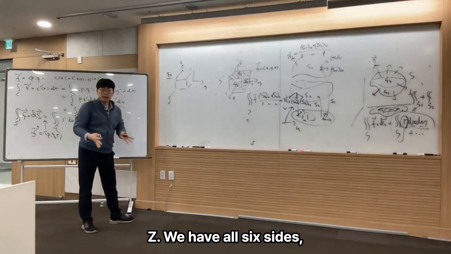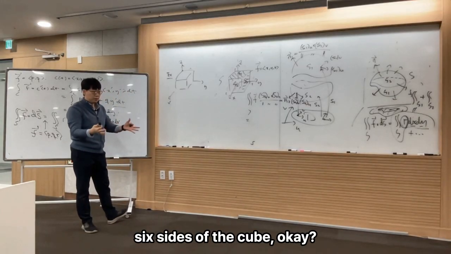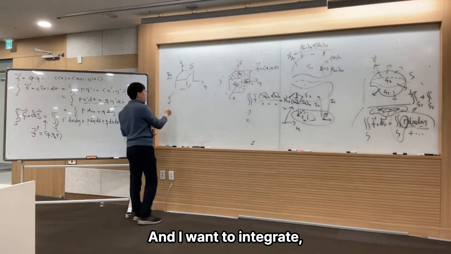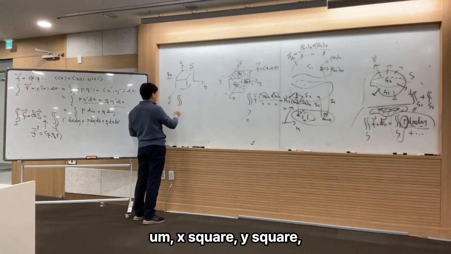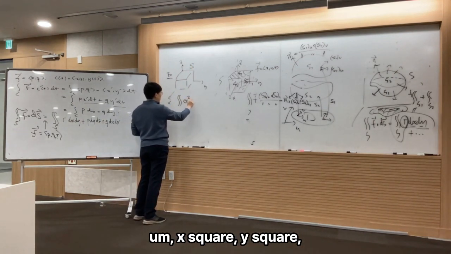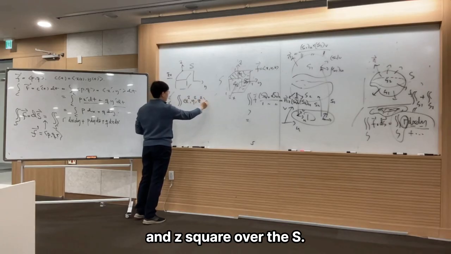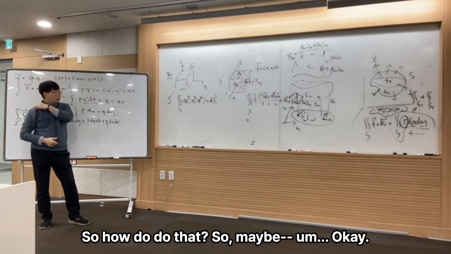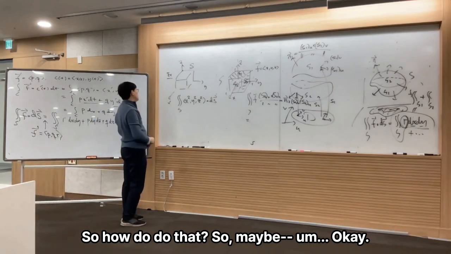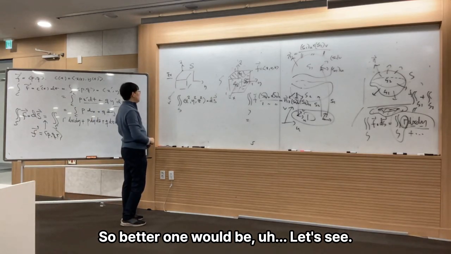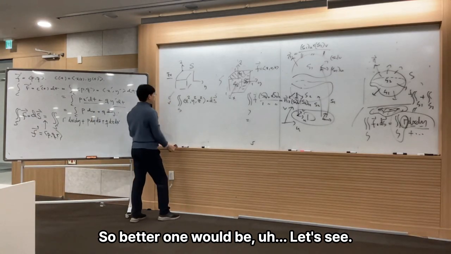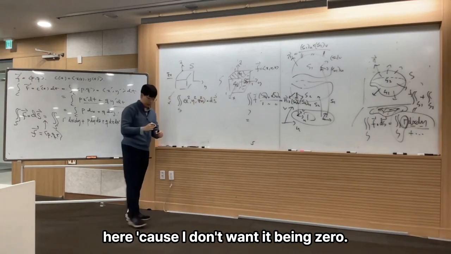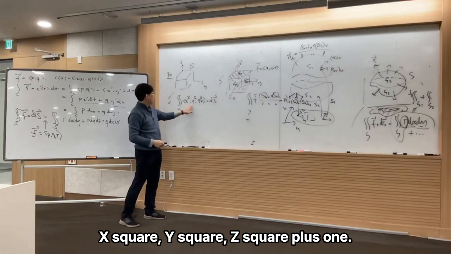We have all six sides of the cube, so the entire closed surface S. And I want to integrate x squared, y squared, and z squared over S. So how do I do that? Maybe a better one would be, let me make it better, plus 1 here, because I don't want it to be 0. So x squared, y squared, z squared plus 1.